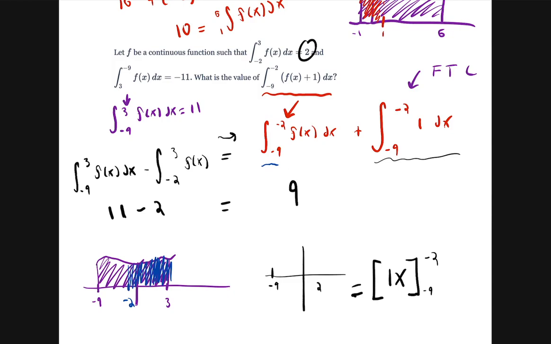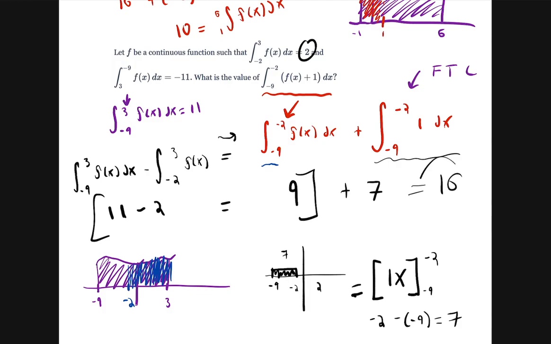What happened here? So this is only going to be to -2, not to +2. And so this area here would be 7. And so we're going to have -2 minus -9. That's going to get us 7. So altogether, this is equal to 9, and then we're going to add 2 plus 7 to get a final answer of 16.